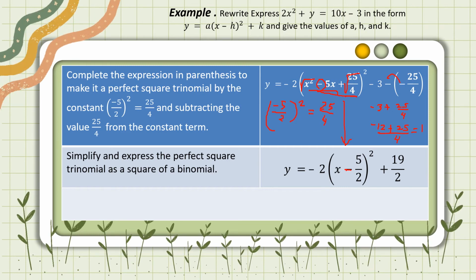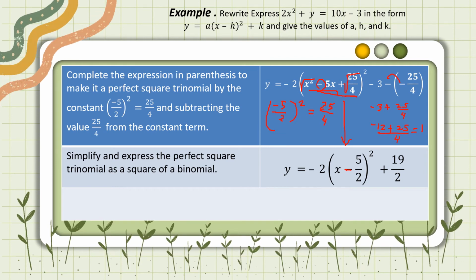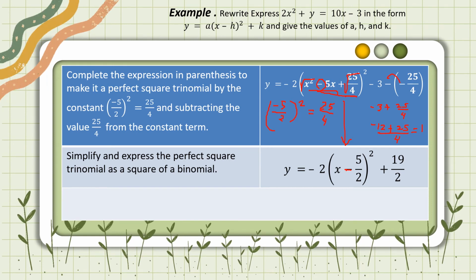Bakit 19? So, ito po, magiging negative 12 plus 25 all over 4.